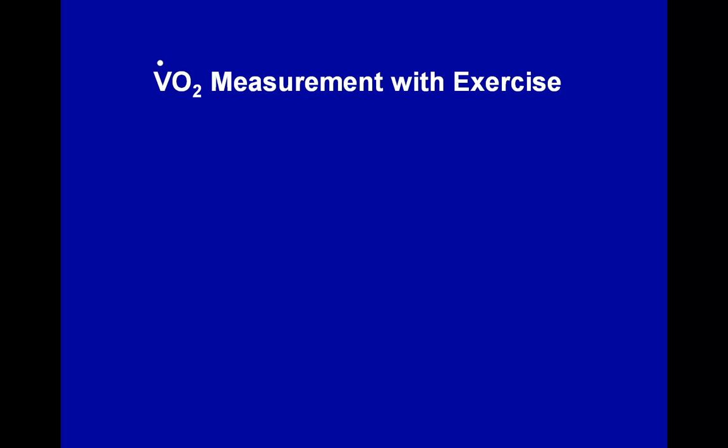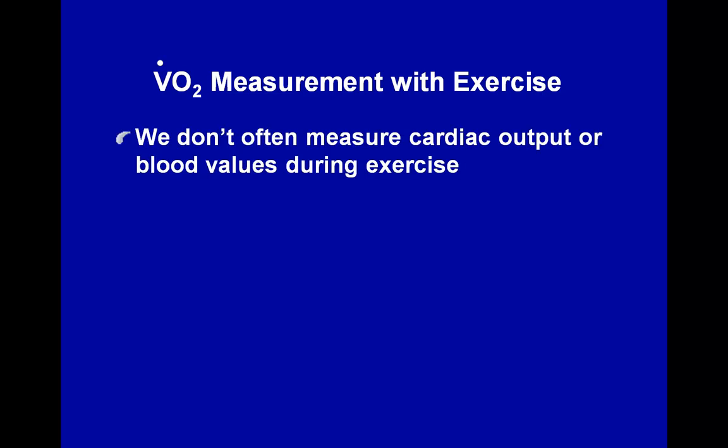So that VO2 measurement that we talked about, if I'm doing an exercise test on a normal subject, an athlete, I'm not going to really directly measure cardiac output. I'm probably not going to put an arterial catheter in somebody, nor am I going to draw arterial blood gases, and I'm certainly not going to put in a Swan-Ganz catheter. We're going to measure exhaled gases.